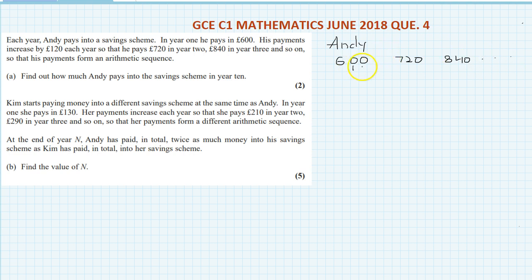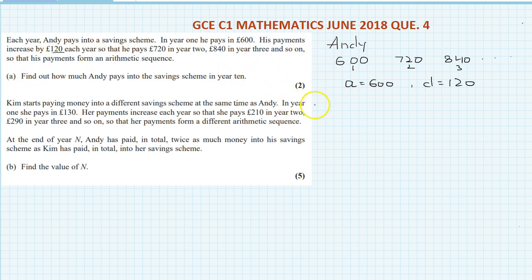So this is first year, this is second year, this is third year. Each year this is the saving, and so on. And it is forming an arithmetic series. So a is 600 and d, the common difference, is 720 minus 600, that is 120. It is already given here.